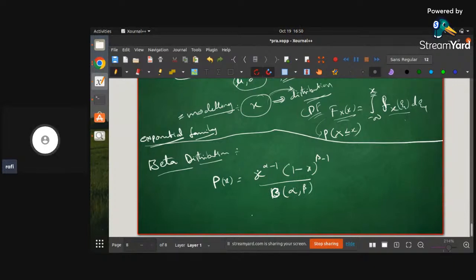B of alpha, beta is gamma of alpha into gamma of beta divided by gamma of alpha plus beta.